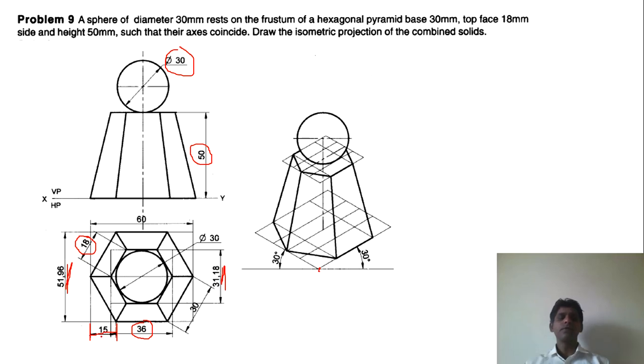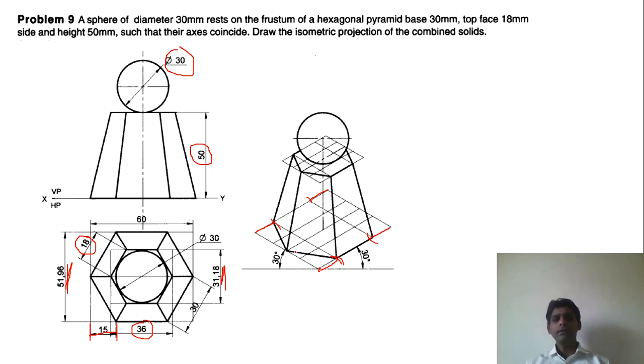So if it is 15 millimeters, it should be isometric 15 when you mark it from here. From here you can mark isometric 15, from here also, and similarly from these particular points, that is this distance, this distance, and this distance.